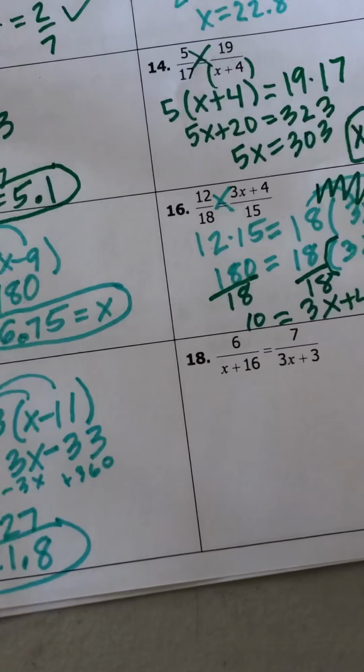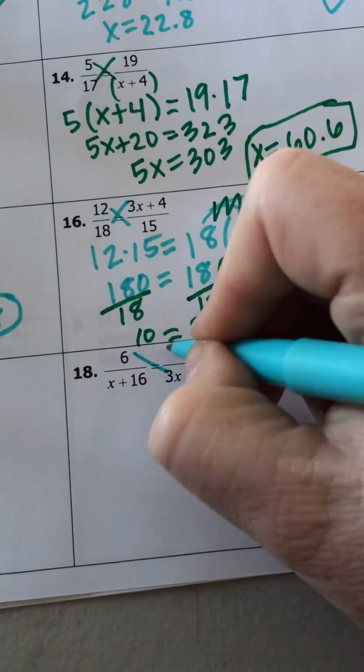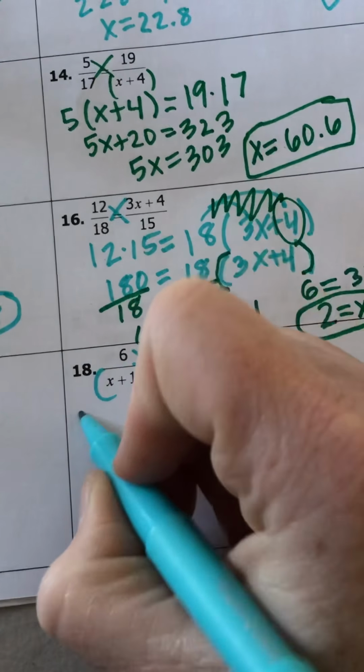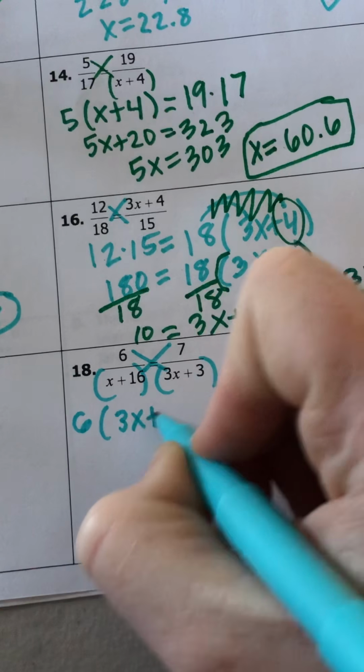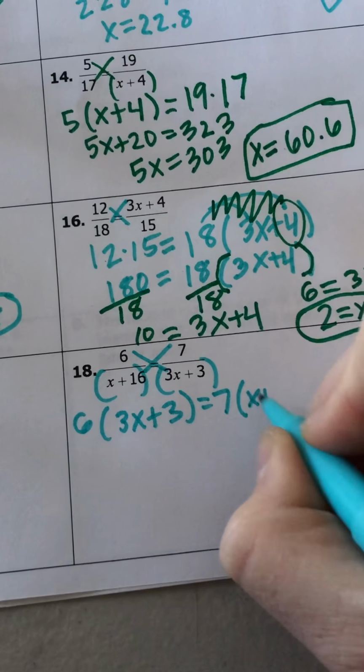All right, last one. So, cross multiply, and group up your binomials. 6 times 3x plus 3 equals 7 times x plus 16.